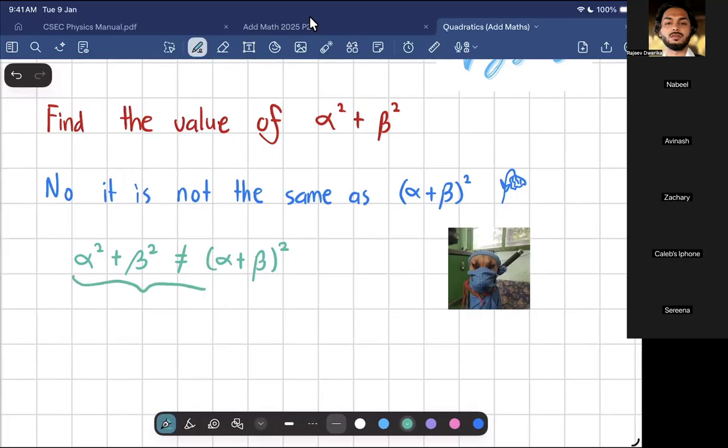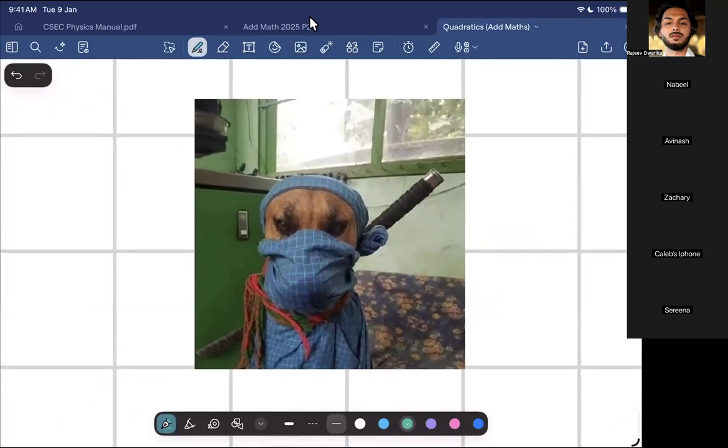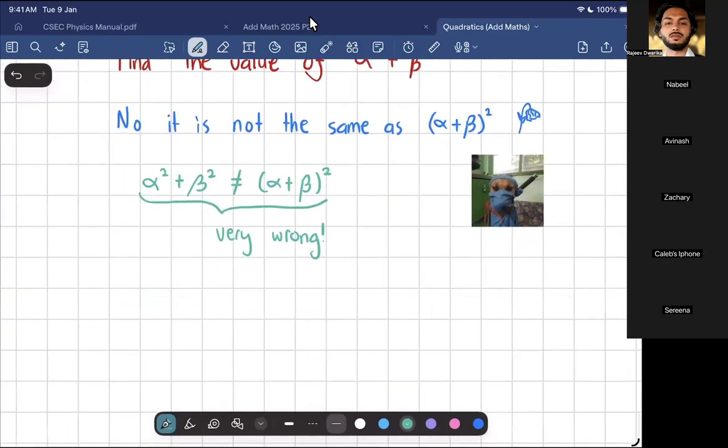I can't stress how wrong this is. This is very wrong, very, very wrong. So Nabil, you're probably saying, well, sir, why? Why is it so wrong? Let me show you why.